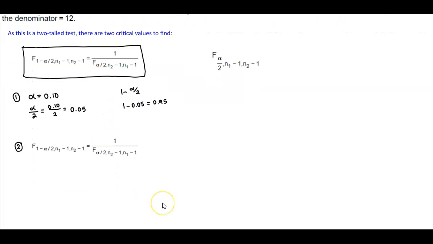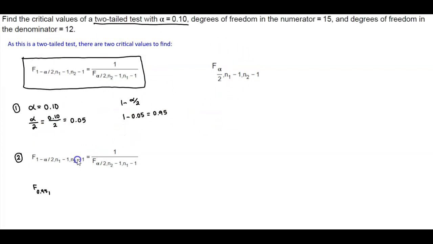So what does that tell us? Well, we have F, and then we have 1 minus alpha divided by 2, which is 0.95. We also know that the degrees of freedom in the numerator is 15, and this is 12, which is the degrees of freedom in the denominator.